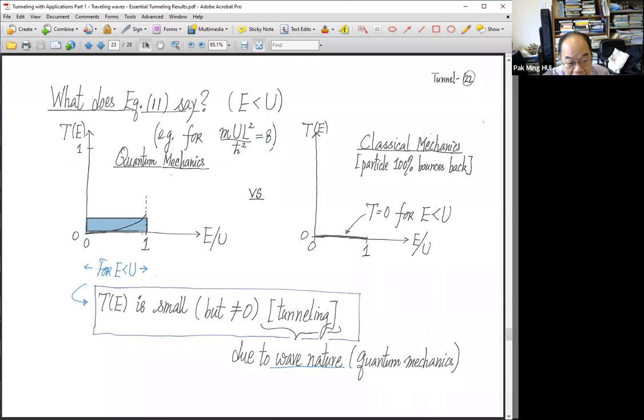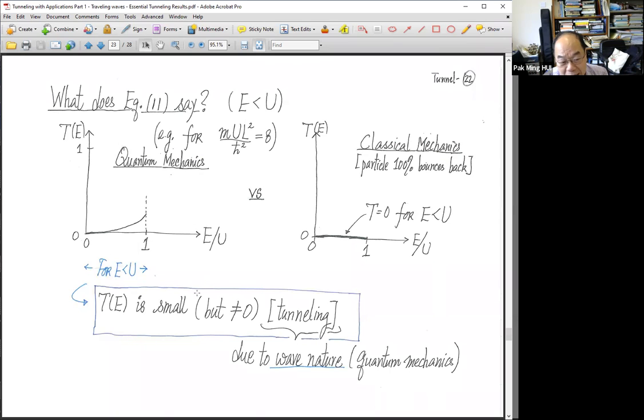right? In contrast, classical mechanics, a ball hitting a wall that it cannot go through, then it is 100% rebound. So transmission is 0, okay? So this is classical mechanics, this is quantum mechanics. But I'm not trying to exaggerate the transmission coefficient. It is not big, it's tiny, okay?